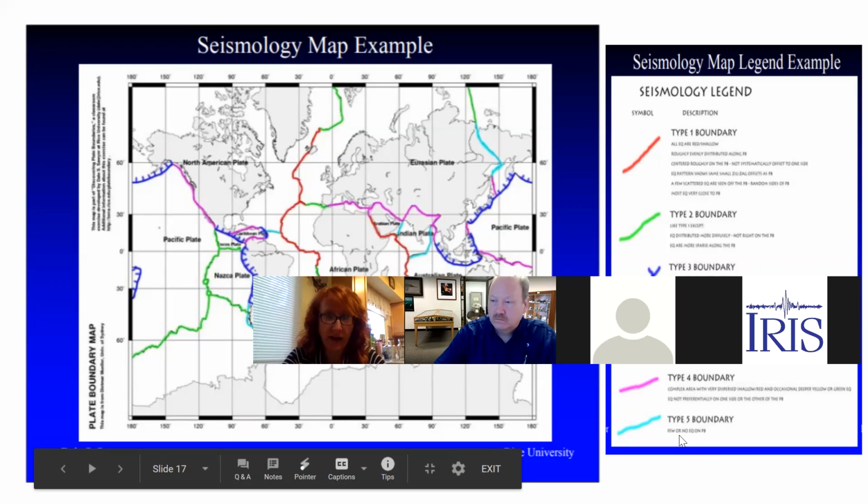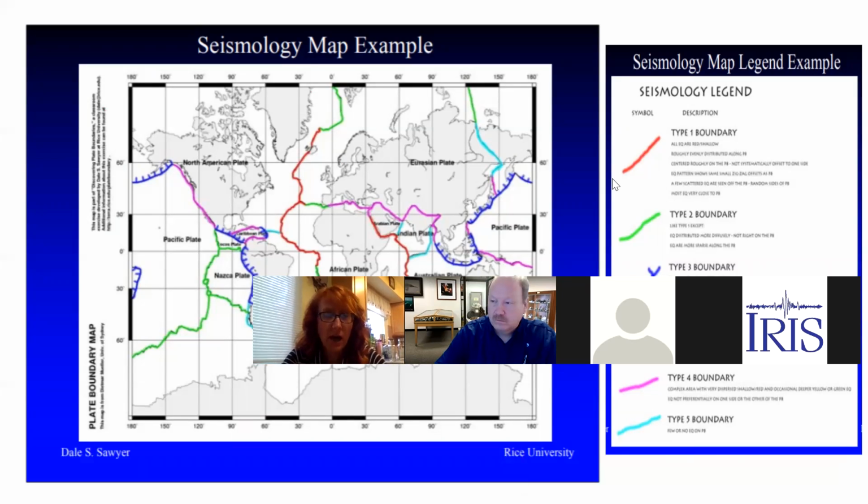So that's their type 5 here. So they have labeled in this one those shallow earthquakes in the ocean. So that's their type 1 boundaries. So all earthquakes are shallow. And then they've noticed some other things here too.